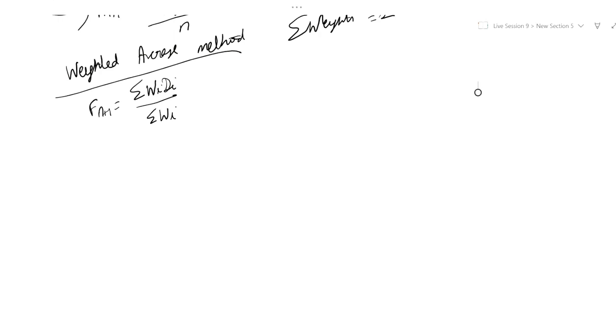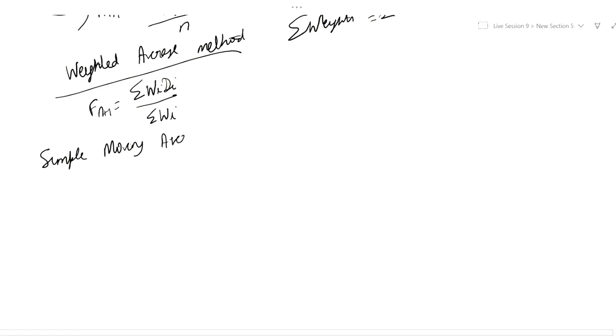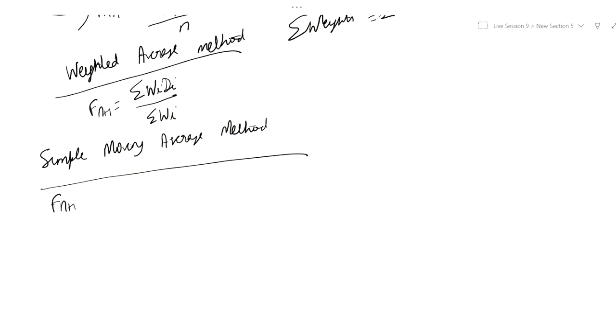Now the simple moving average method: F of n plus 1 is equal to Di.